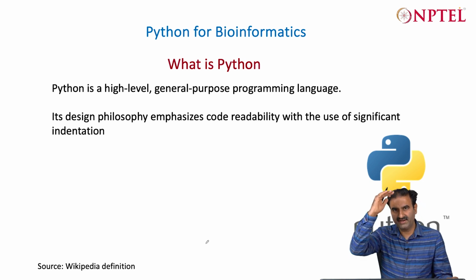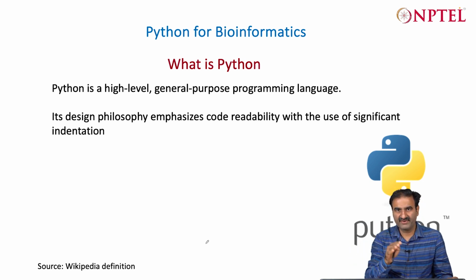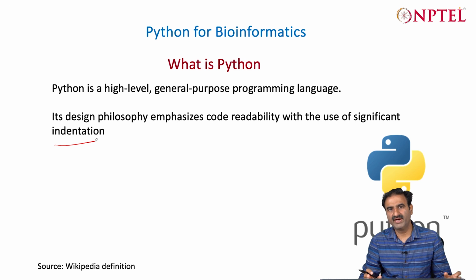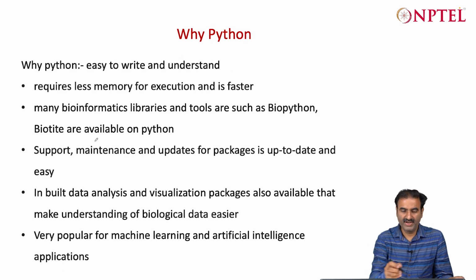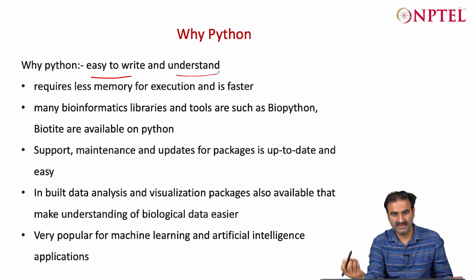Though Perl you write in a straight format, Python requires some kind of indentation. So you have to learn a little about indentation, or if you are using a good editor, it will know that you are writing Python code and do the indentation on its own. So it is easy to write and easy to understand like Perl.